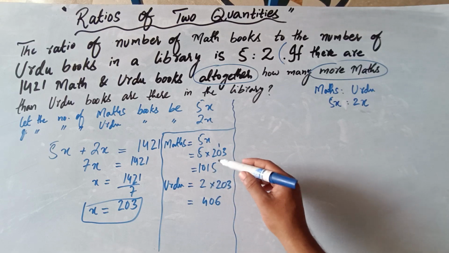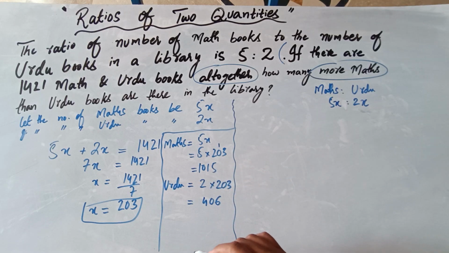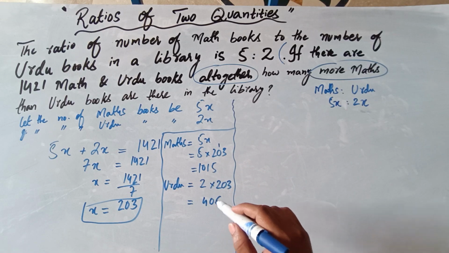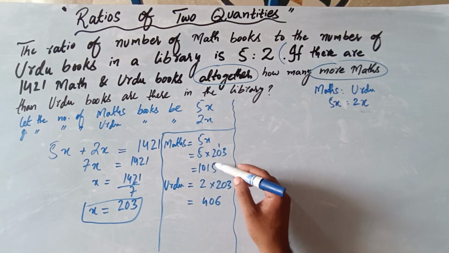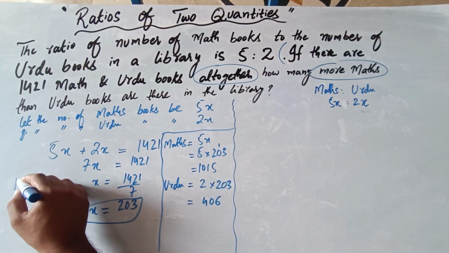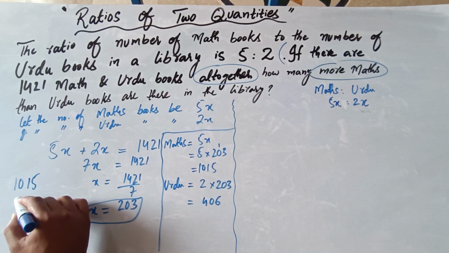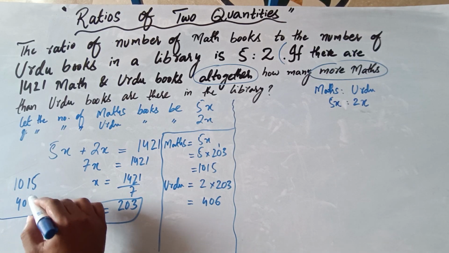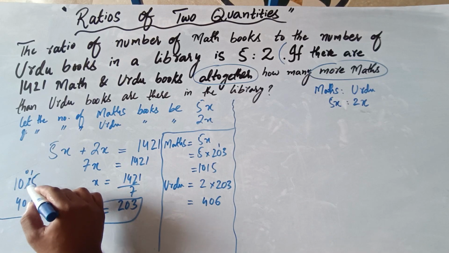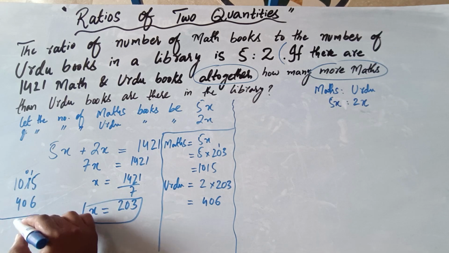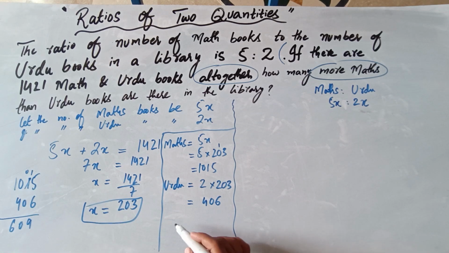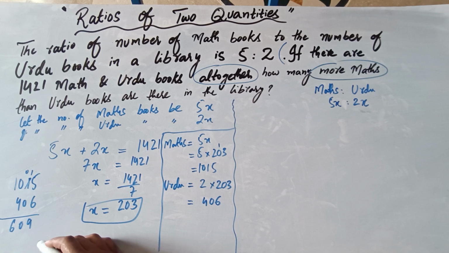This gives us the number of maths and Urdu books in the library. Now we need to find out how many more maths books there are. For that we need to subtract both of these values. 1015 minus 406. When this is subtracted, it gives us 609.